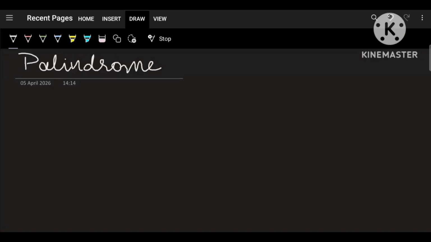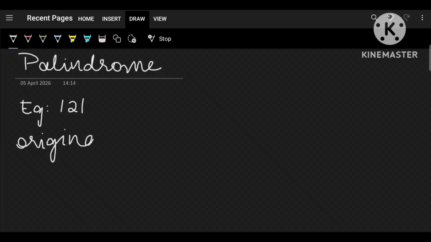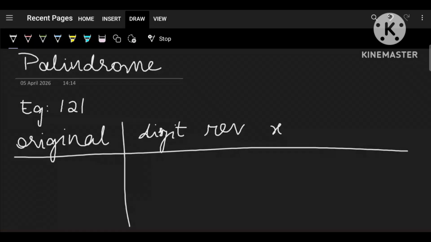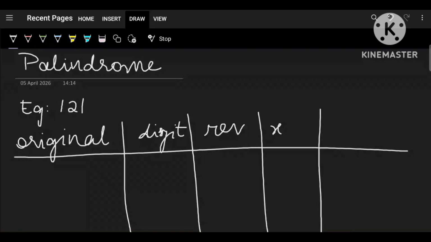So let us look into the tracing by taking the example as 121, whatever they give. So we have taken variables such as original, digit, reverse, and x. Okay, so the original number is 121.